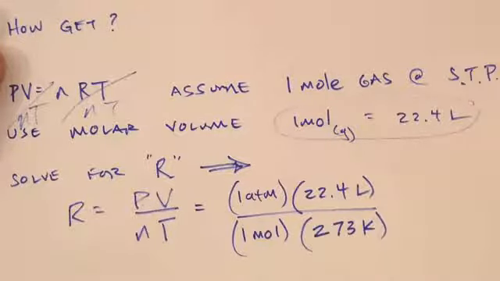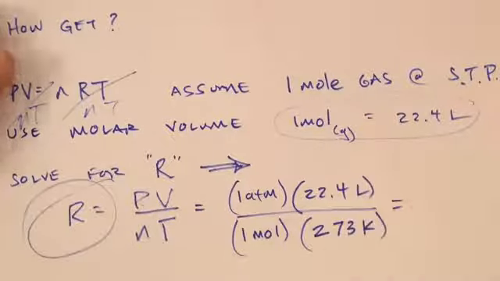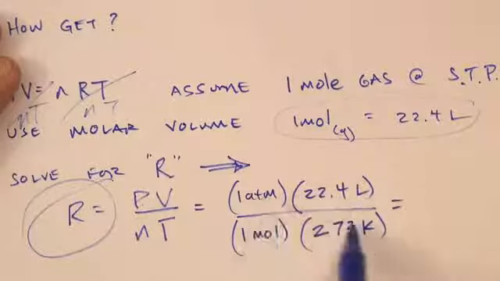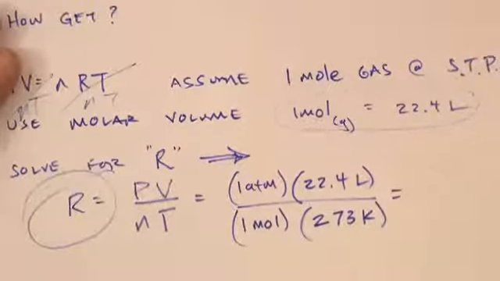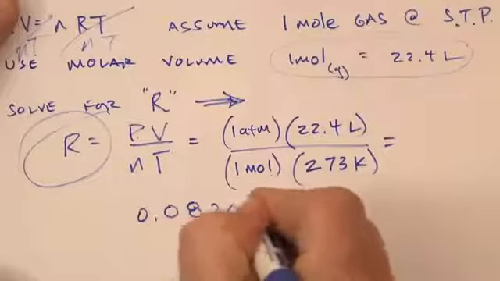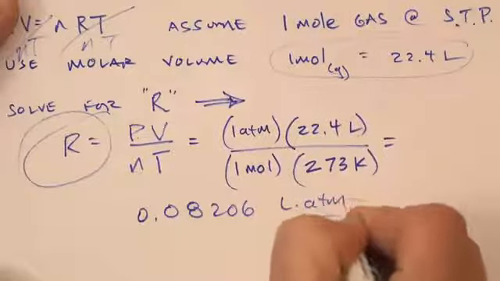Remember, the temperature always has to be in Kelvin. We now get our standardized units for R, which is liters atmospheres per mole Kelvin. And if you multiply these together and you divide 22.4 by 273, you'll end up with 0.08206 liters times atmospheres per mole times Kelvin.